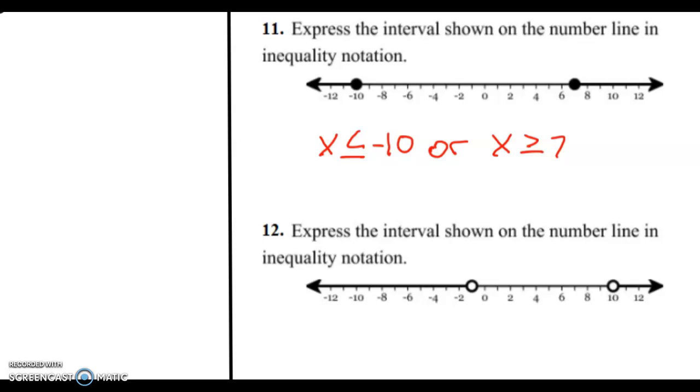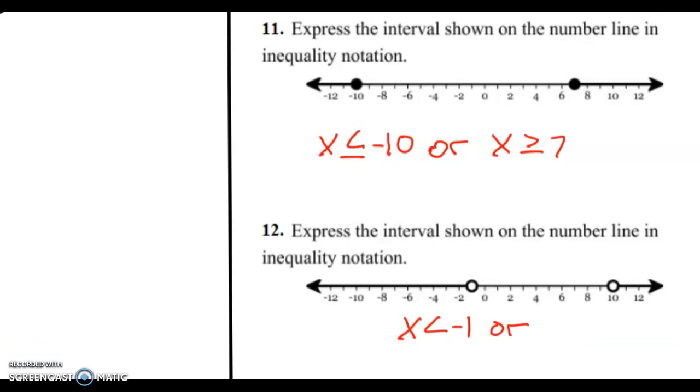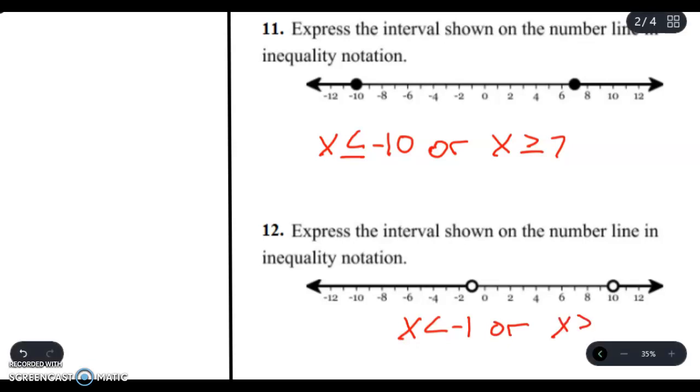Now on this one, x is less than negative 1, no equal to because it's an open circle, or x is greater than 10, no equal to.